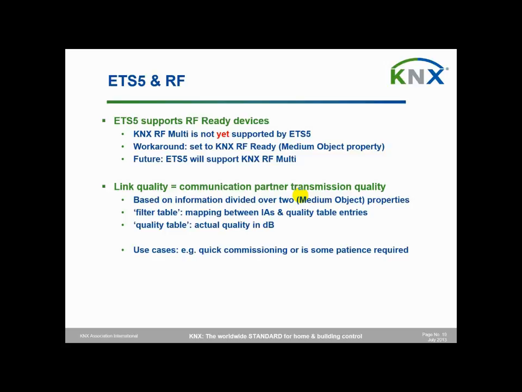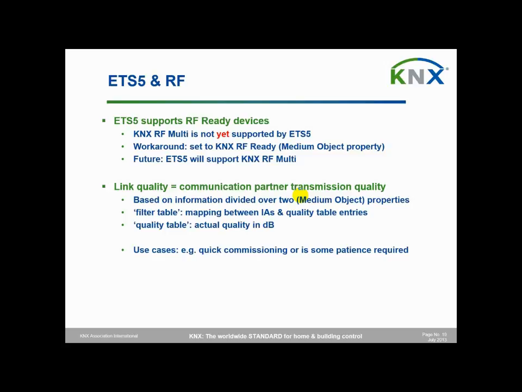The filter table contains all mappings between individual addresses and entries in the quality table. And in the quality table, we find the quality of the transmission. So in practice, information can be found about how good the link quality is with a specific device.